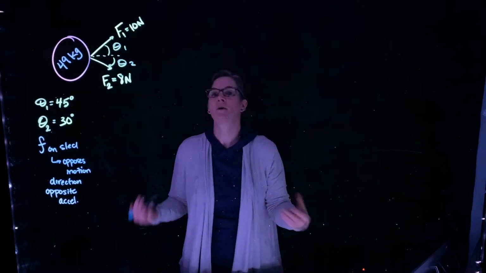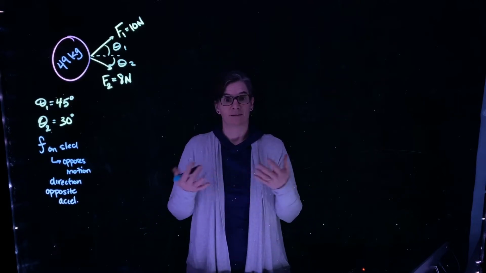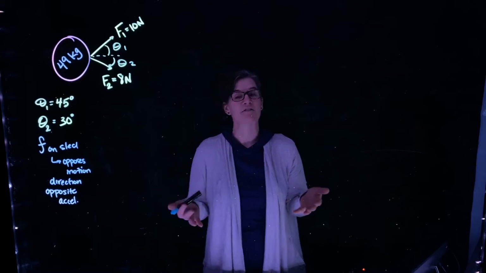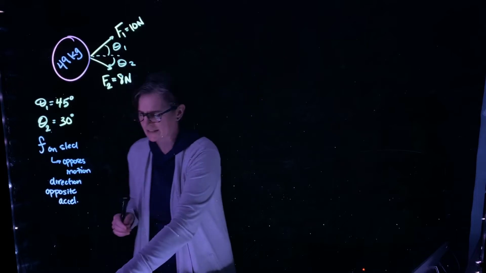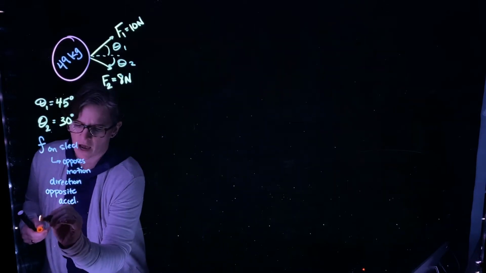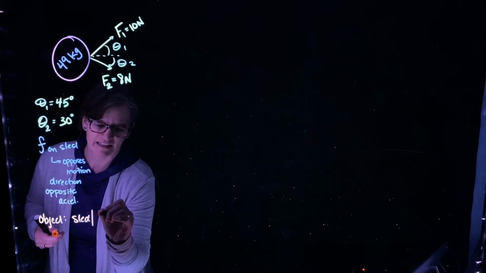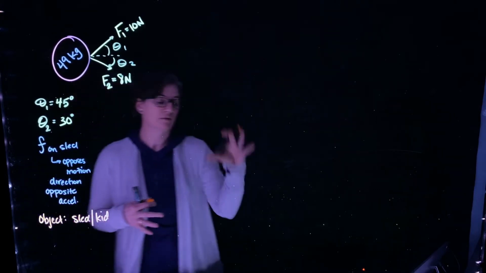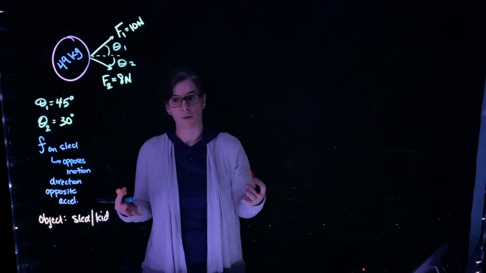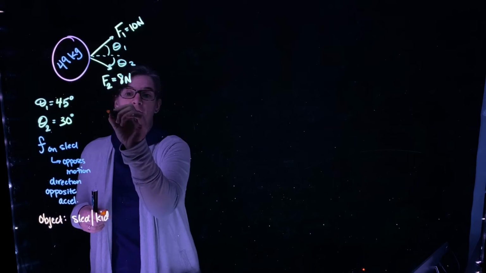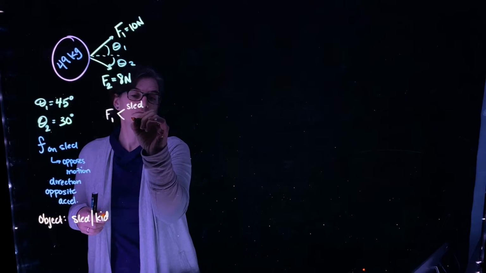Okay, so how are we gonna figure that out? Well, first we have to examine that object, define the object, and define the forces acting on it. Let's go through that process because it's really good to keep that process in mind. Our object, of course, is the sled-kid combo. So we're interested in the forces acting on that sled. And what are those forces? Well, we have force 1, which is between the sled and friend 1.